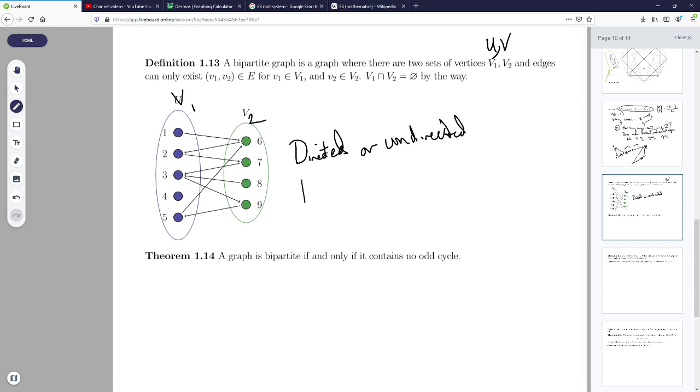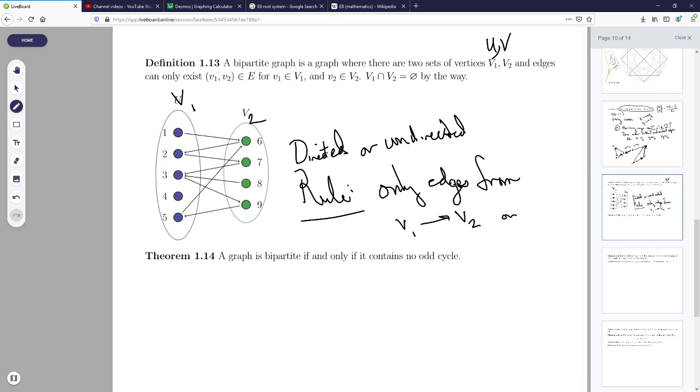But the rule is that you can only have edges from the set V1 into the set V2 or back. And of course, if this is an undirected graph, then that's equivalent to saying an edge can only go from V1 to V2, because then you have the reverse edge.